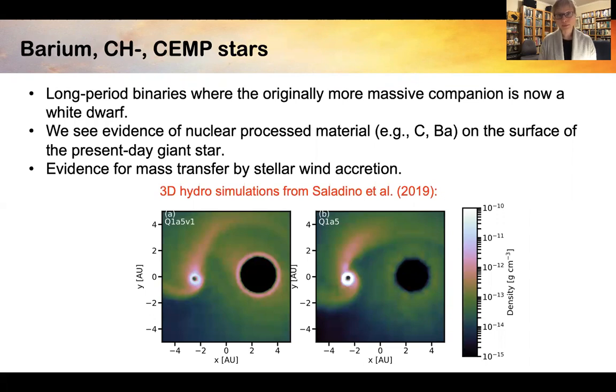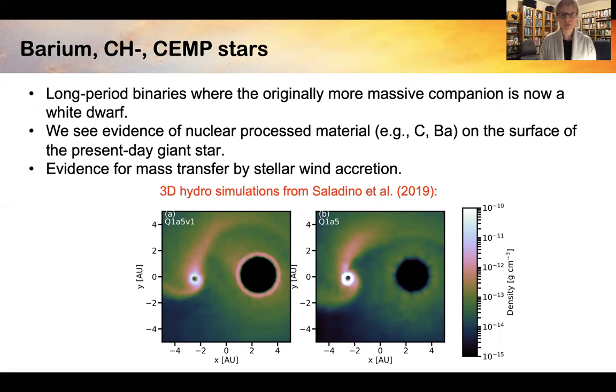These are known, these barium stars, CH, carbon enhanced metal poor stars, CEMP. These are long period binaries where the originally more massive companion was an AGB star and is now a white dwarf. We see evidence of nuclear processed material, such as carbon and barium, on the surface of the present day giant star.